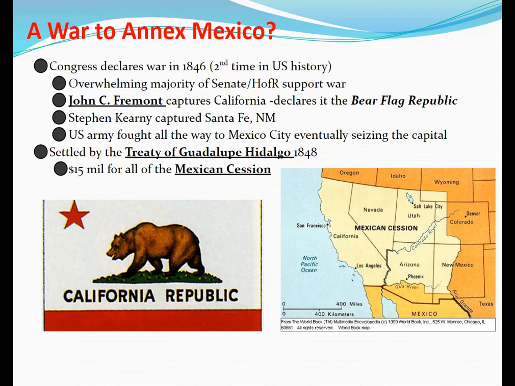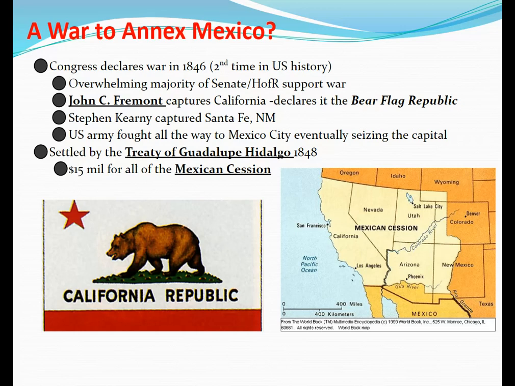So there's a man named John C. Fremont who actually was a member of the United States Army, but had spent most of his career out west doing exploration and map making. He will be in the California area along with a man named Stephen Kearny. And they will establish California pretty early on. They'll call it the Bear Flag Republic.